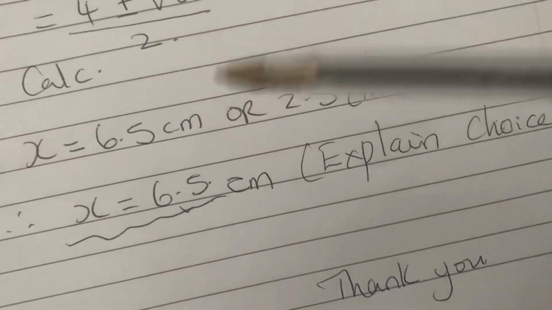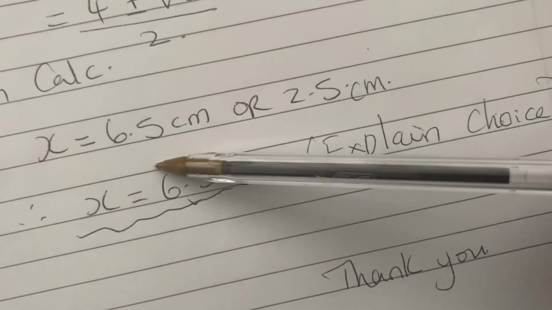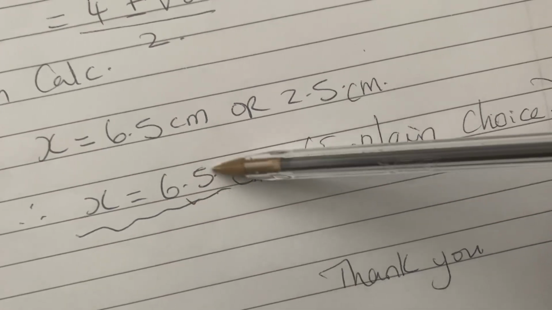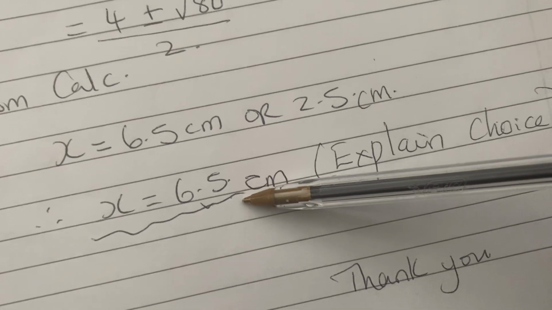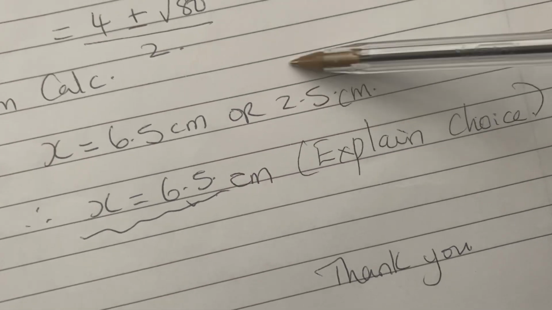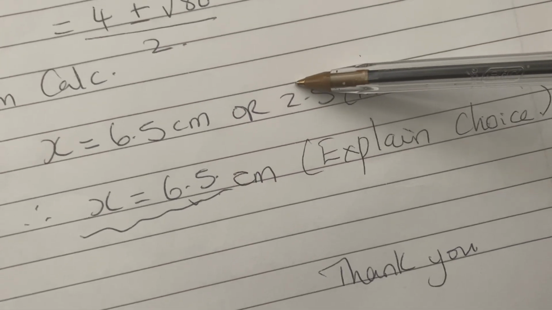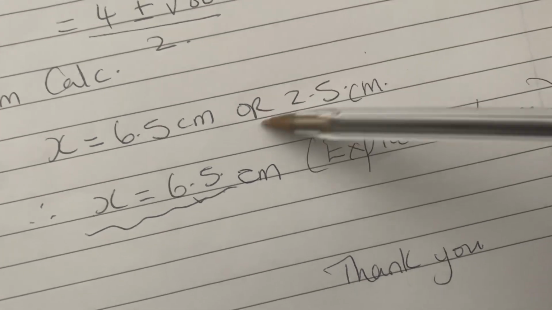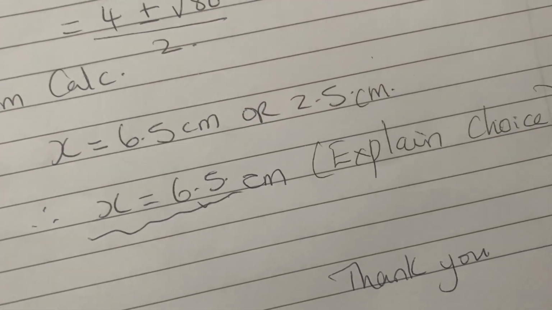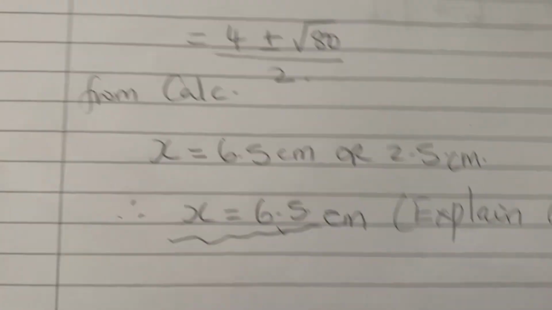When I look at my diagram and I choose x to be 6.5, it makes a lot more sense than choosing the smaller value. Unlike what we saw yesterday, where I'd rather go for the smaller one.